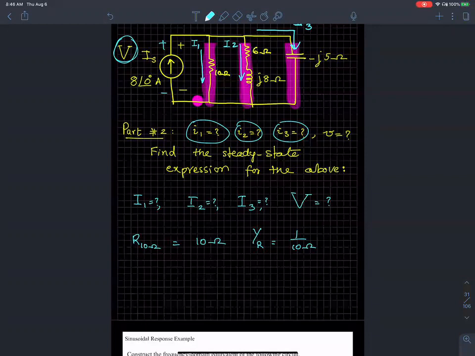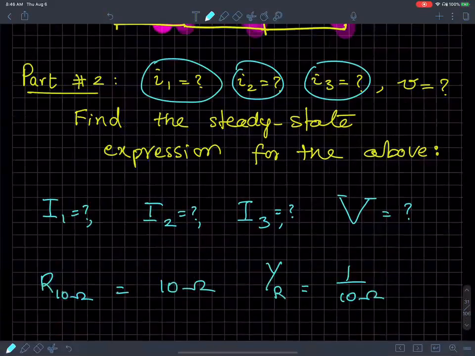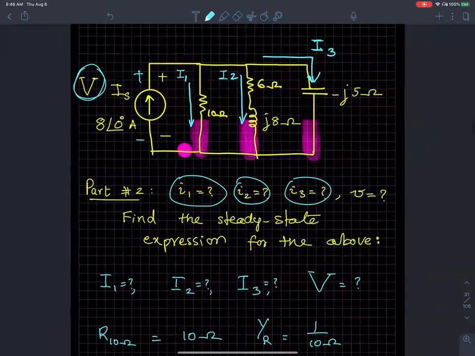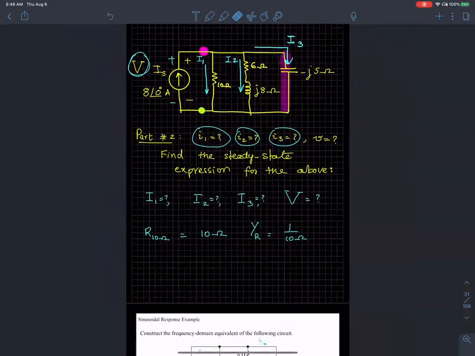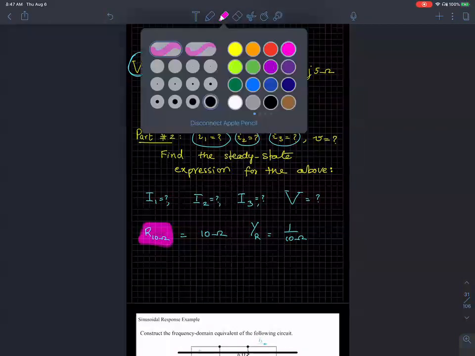What's the next branch? Now, if you look at the second branch, let me clear all of this and show some careful color coding. This resistance here is shown right there. Now I'm looking at the next branch, which is this guy.